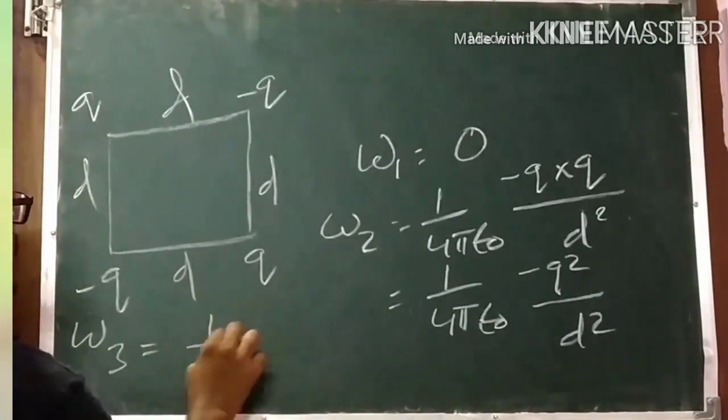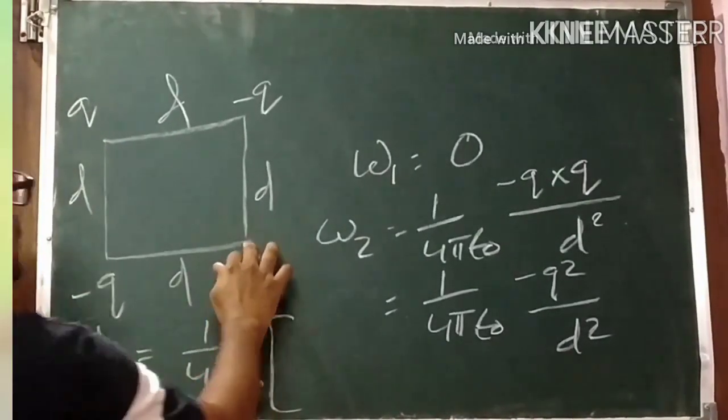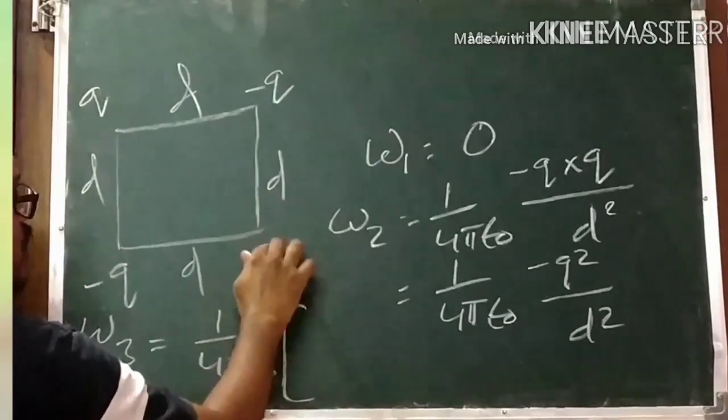W3 will be equal to 1 by 4 pi epsilon 0, and suppose the work on this Q will be equal to W3.